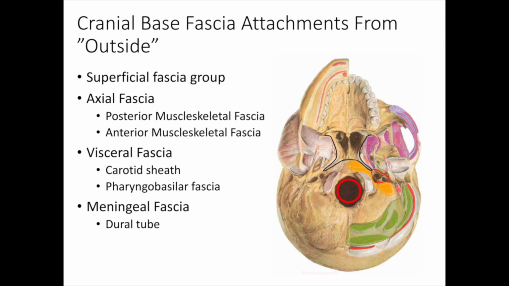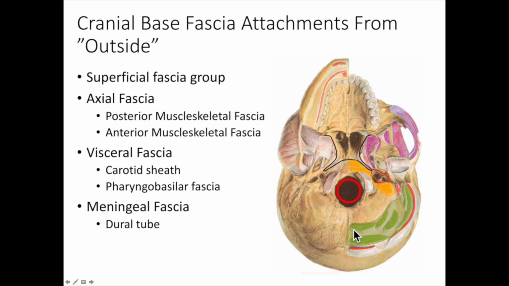Looking at the cranial base and its fascia attachments from the outside, we can see again that the superficial fascia is now shown at this edge. There are 2 muscles, an outer fascial layer. Then the axial fascia, the musculoskeletal fascia, is divided into a posterior group, and here in the cranial base, this green area is the posterior group.